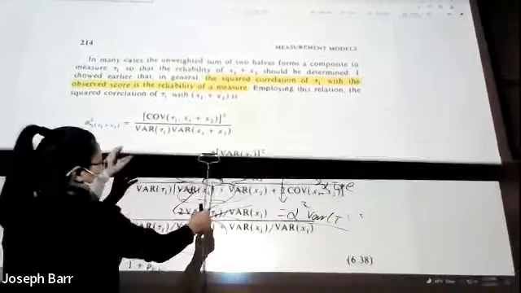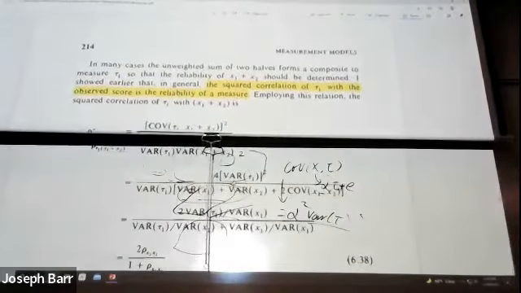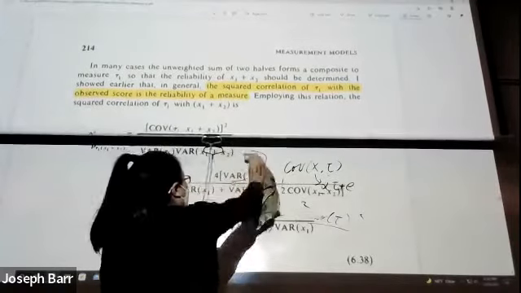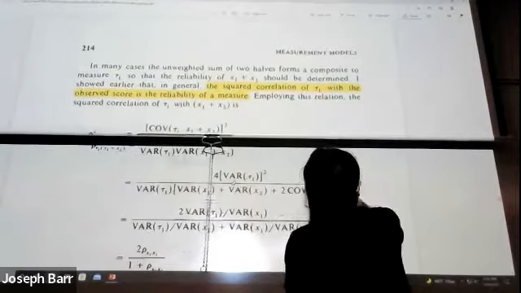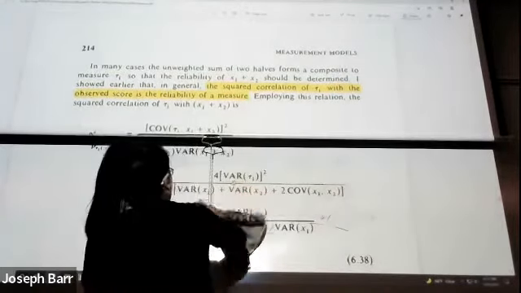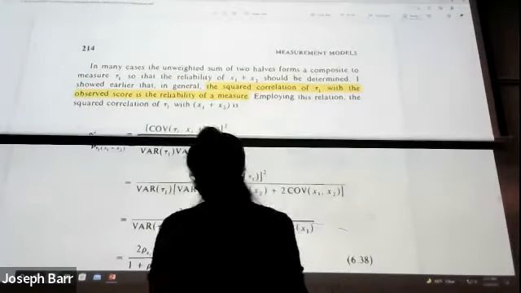We assume that x1 and x2 are measuring the same thing, and the residual part has the same variance. The variance of E1 and variance of E2 are the same, then we have this new formula.